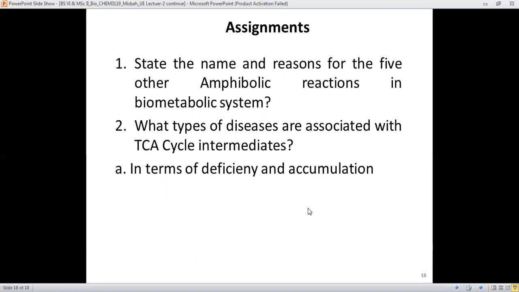This is all about the TCA cycle. And for assignment, you have to state the name and the reason why you are saying that these processes are amphibolic.